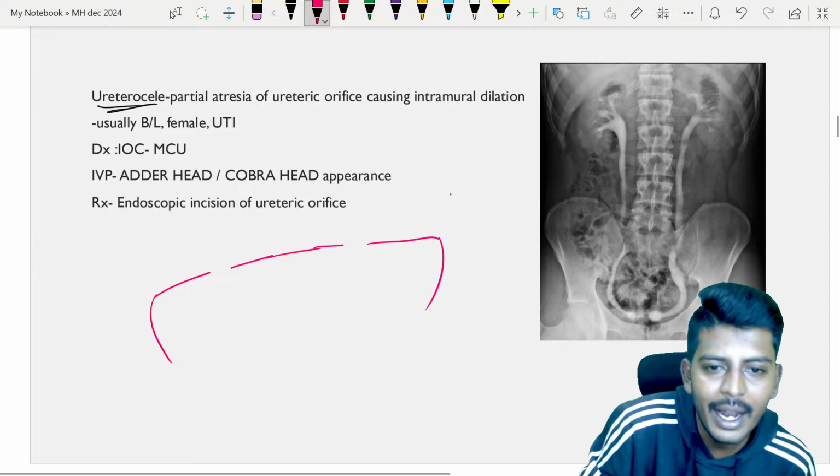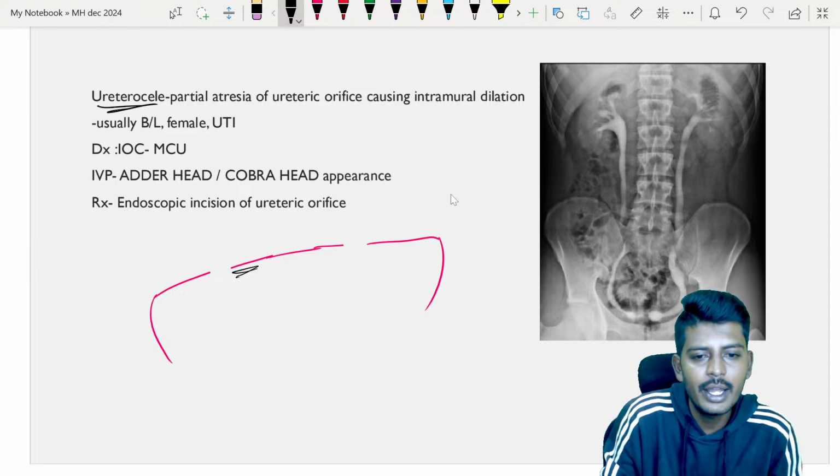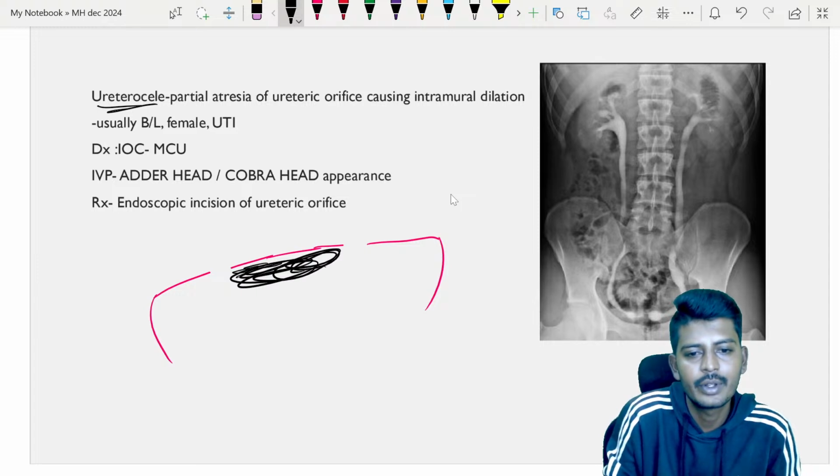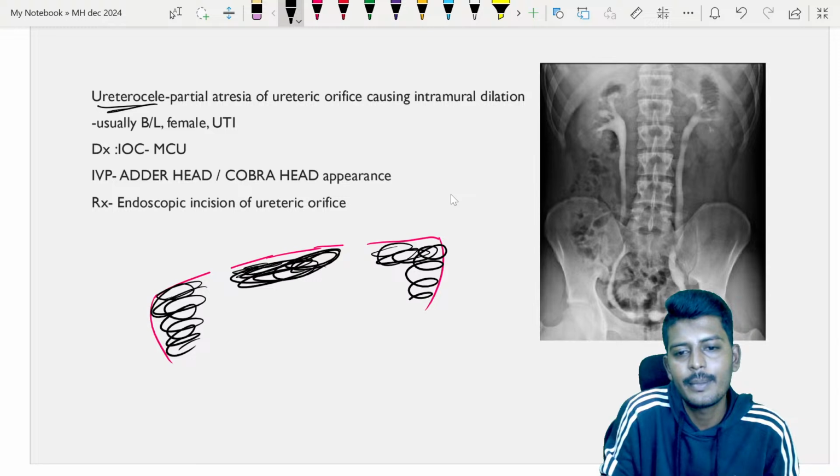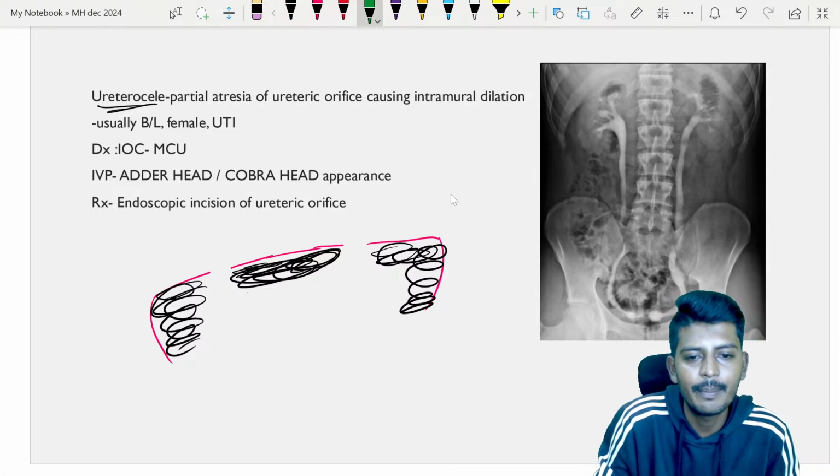Okay, so in the bladder wall we have the outer layer, we have the muscular layer, that is the detrusor muscle. Then you have your epithelium.